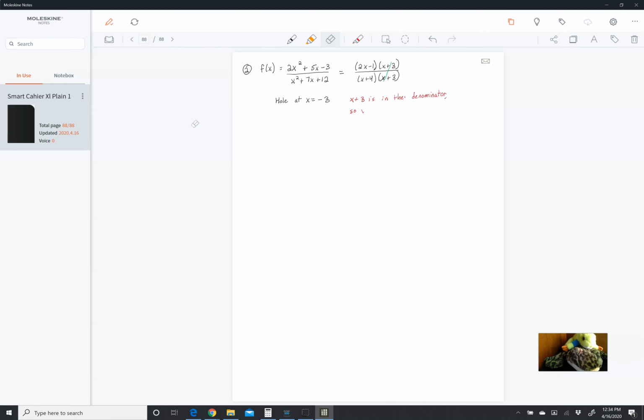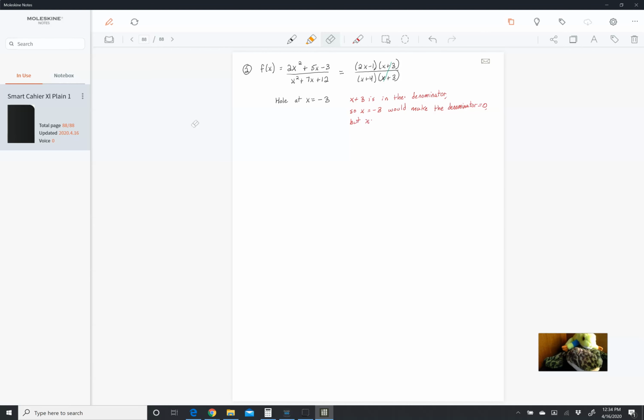So x equals negative 3 would make the denominator 0, right?